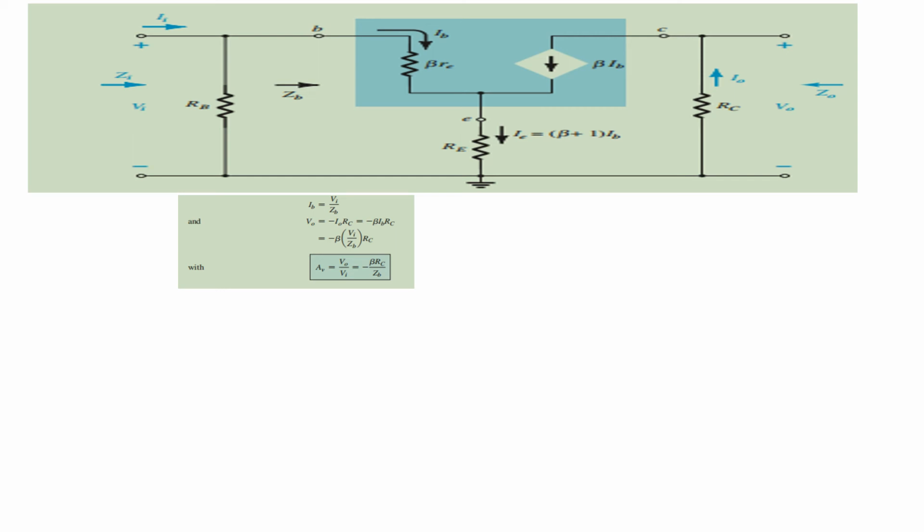The output voltage V0 is I0 into RC, which is equal to minus beta times IB into RC. Substitute the value of the current, IB equals Vi upon ZB. So Av is V0 upon Vi, which is equal to minus beta times RC upon ZB.